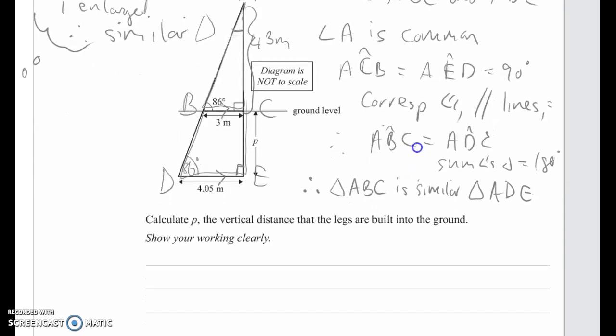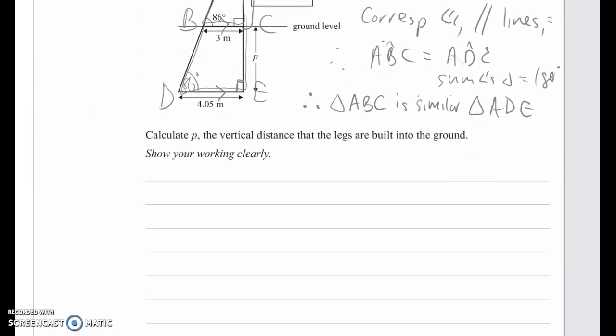I'm just going to scroll down a little bit and leave that bit up there. That means for my similar triangles, AB over AD is equal to BC over DE. And this is why it's quite important to write those triangles in the right order, so that when you're doing this, it'll always be the same.